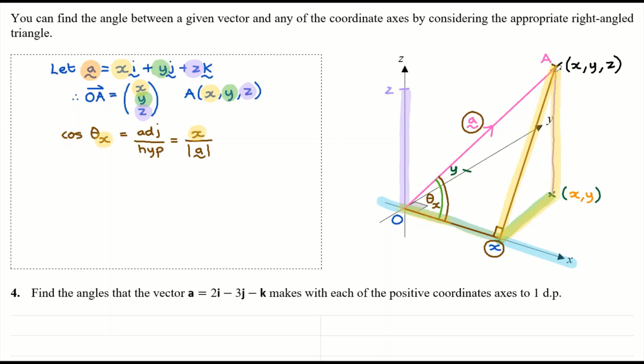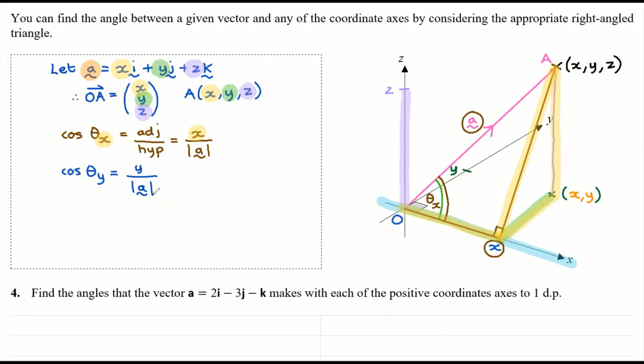The x value is as it is, and we can lift it directly from the diagram. Now, similarly, if you want to find the angle made between your vector in 3 dimensions and another coordinate axis, the correspondence is exactly the same. So if I wanted to find the cosine of the angle made with respect to the y-axis, that would simply be y over the absolute value of your vector.